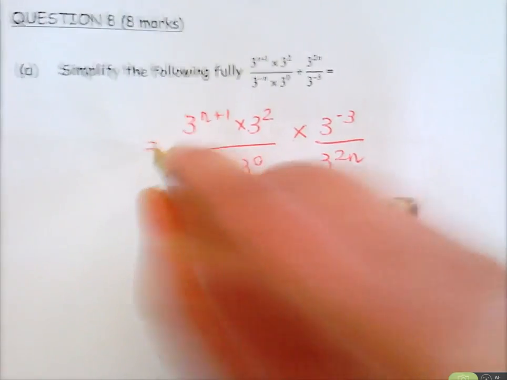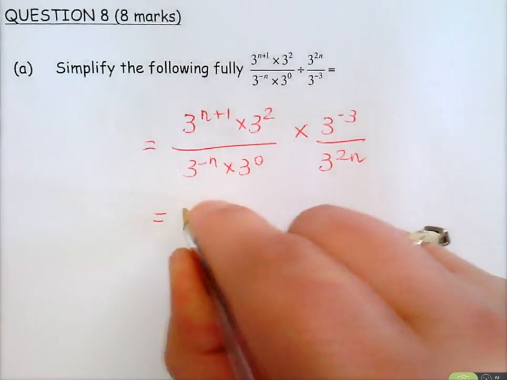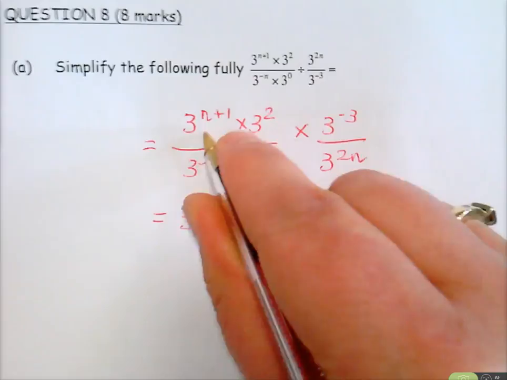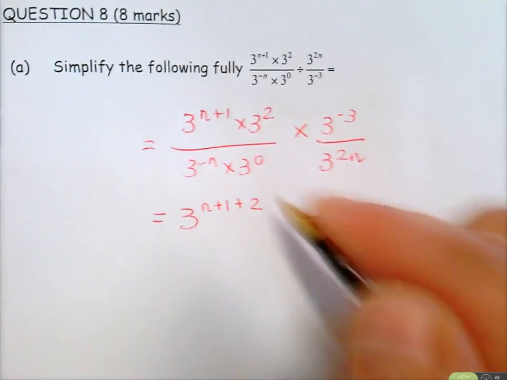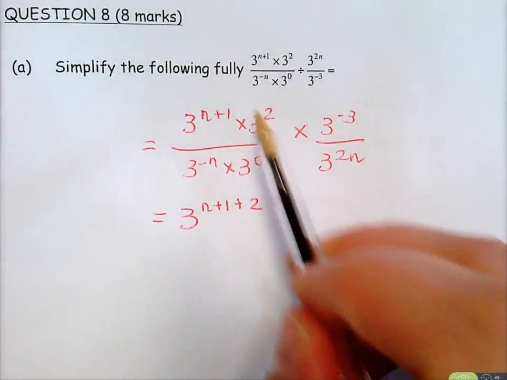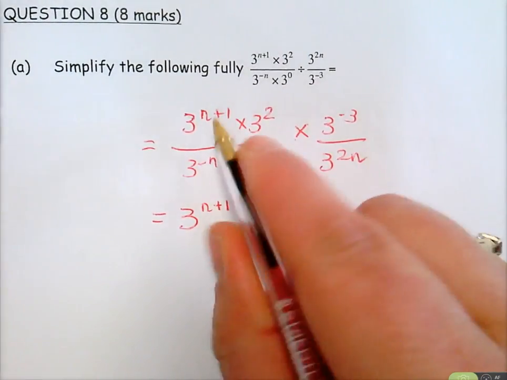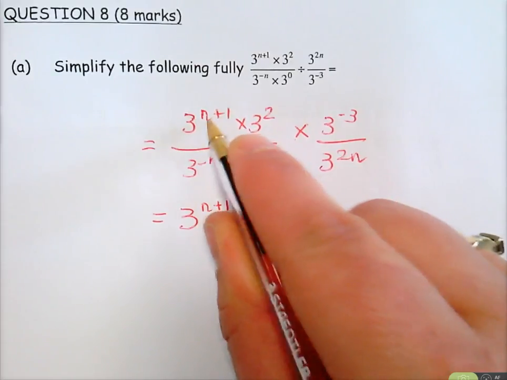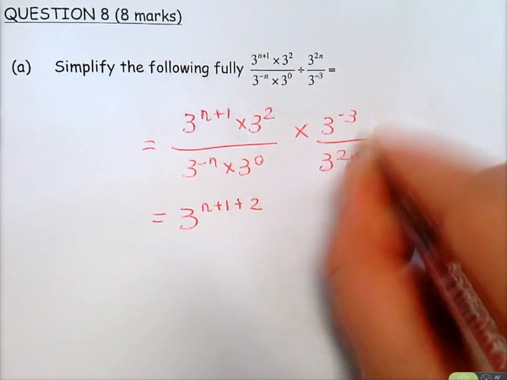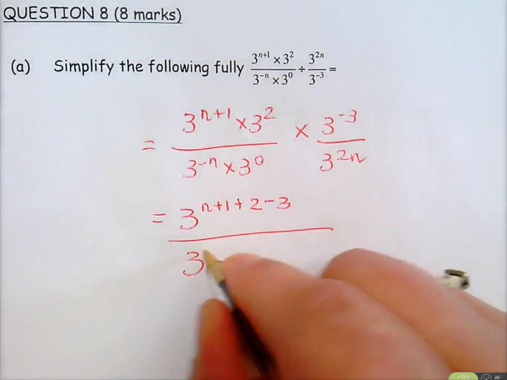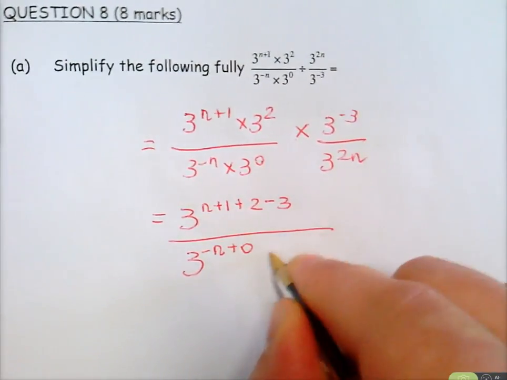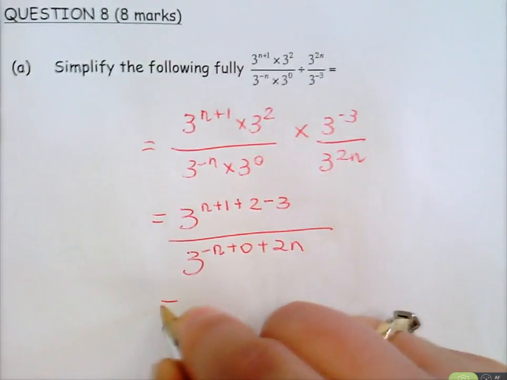Now, all the bases here are the same, so I'm going to use index laws. So, we're multiplying all these. So, it will be n plus 1 plus 2. If bases are the same and you are multiplying, we add the indexes. So, it's 3 to the power of n plus 1 plus 2 plus negative 3 is minus 3 over 3 to the power of negative n plus 0 plus 2n.